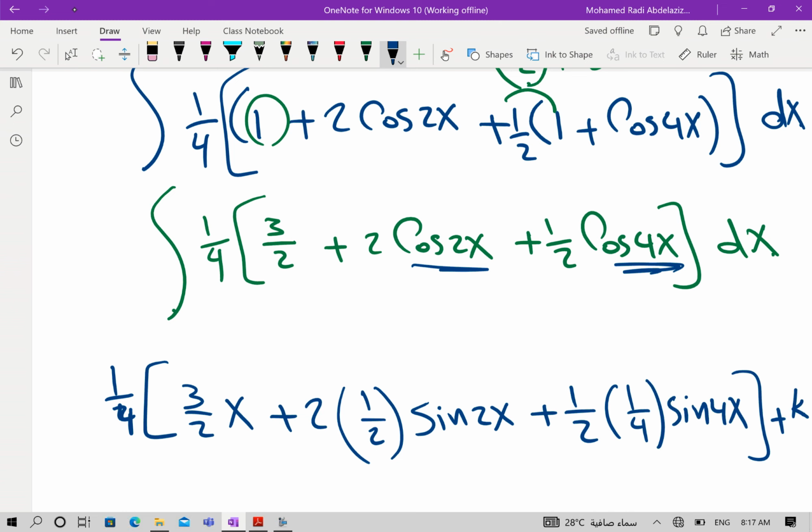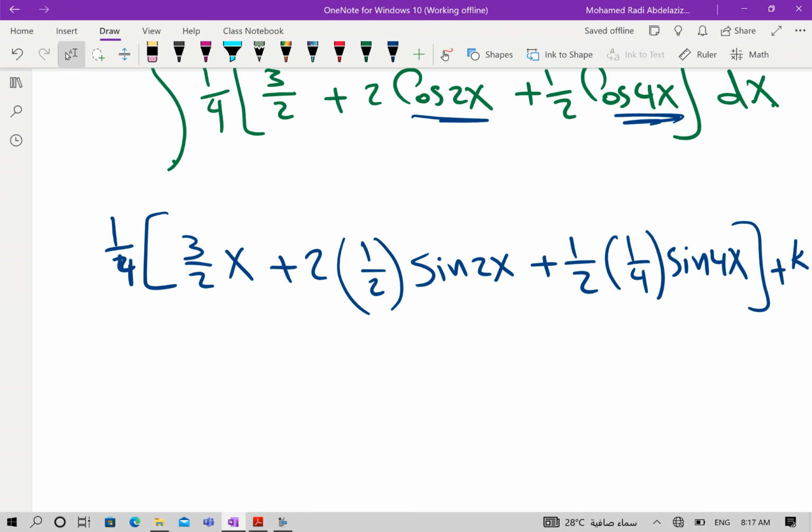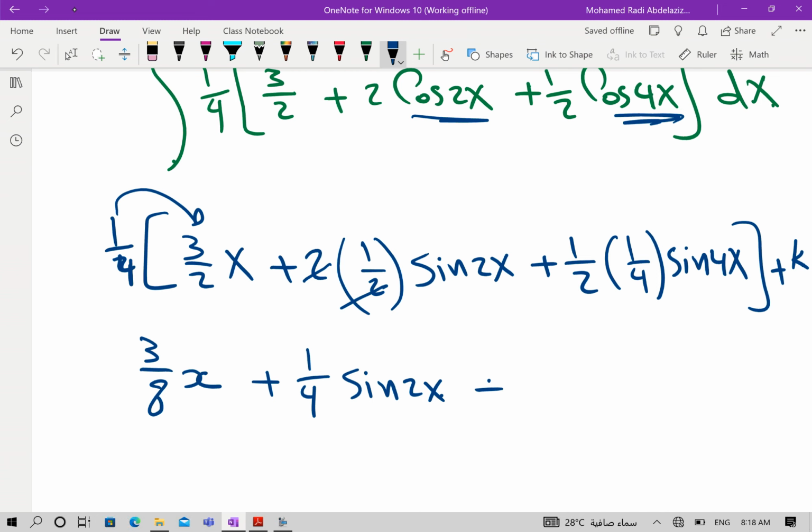Then plus c or k. Simplify: it will be 3 over 8x, plus 1 over 4 sine 2x, plus 1 over 32 sine 4x, plus k. This is the integral of sine power 4 and cosine power 4.